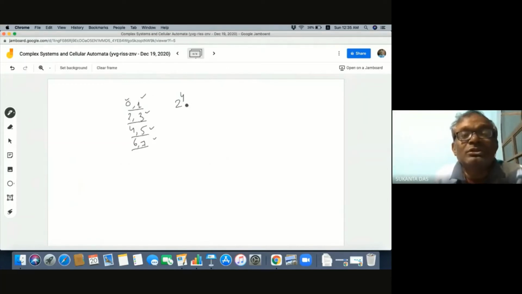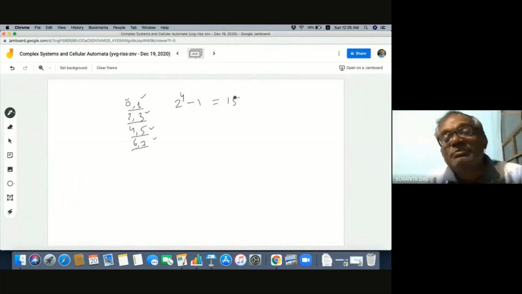That is not a node. So minus 1. This one is neither 0, 1, nor 2, 3, nor 4, 5, nor 6, 7. So it's useless. So the valid combinations are 2 to the power 4 minus 1, which is 15. So the number of nodes cannot be more than 15. That's the argument actually.